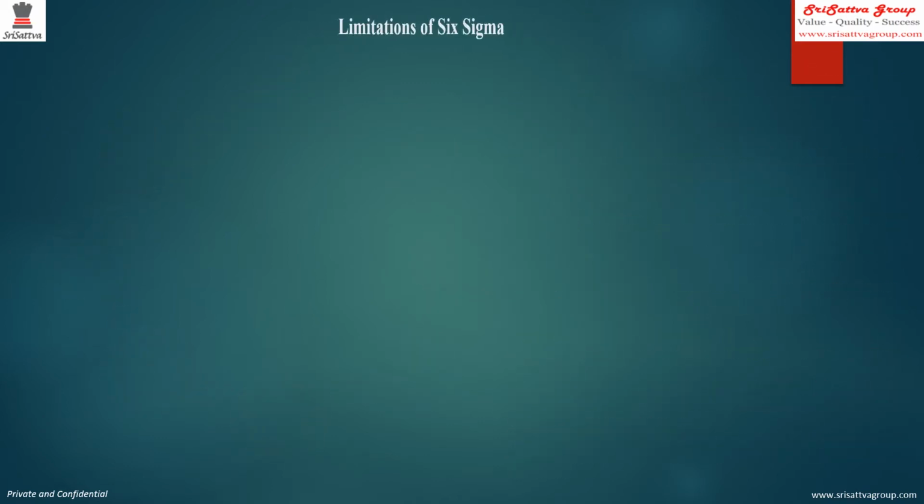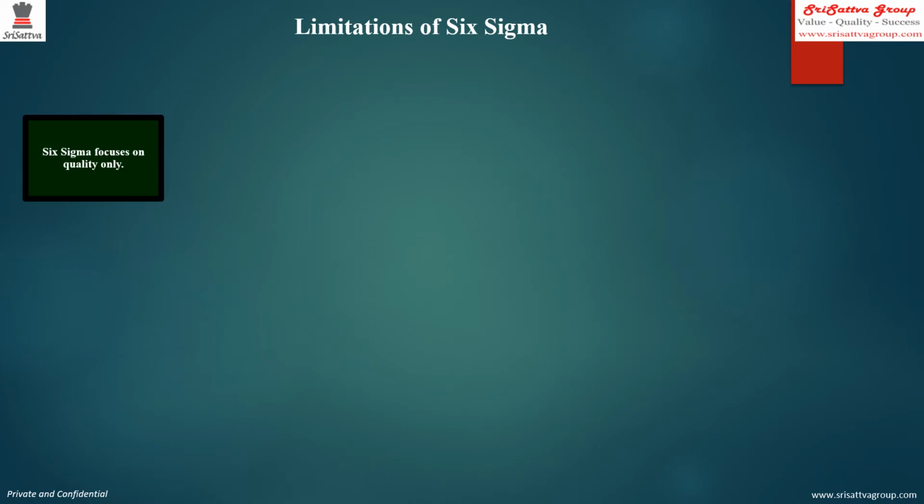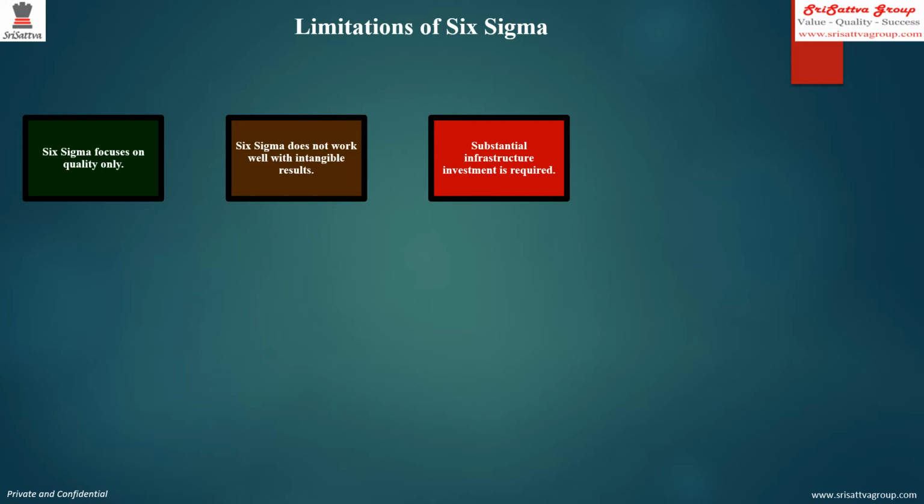Limitations of Six Sigma. Six Sigma focuses on quality only. Six Sigma does not work well with intangible results. Substantial infrastructure investment is required. Six Sigma is complicated for some tasks.